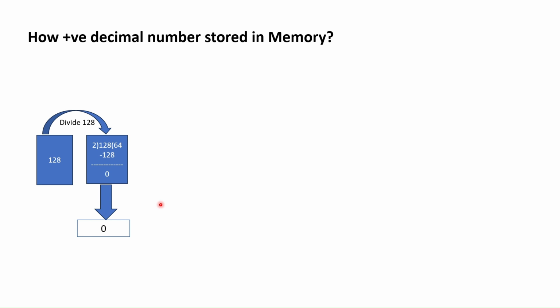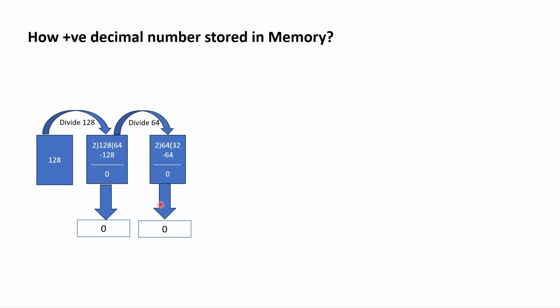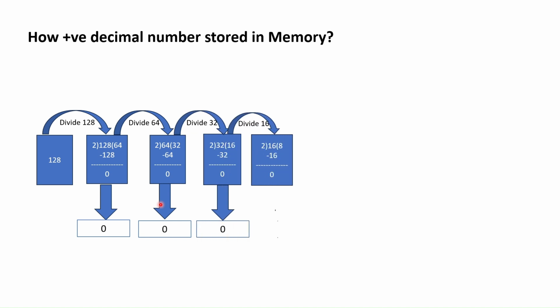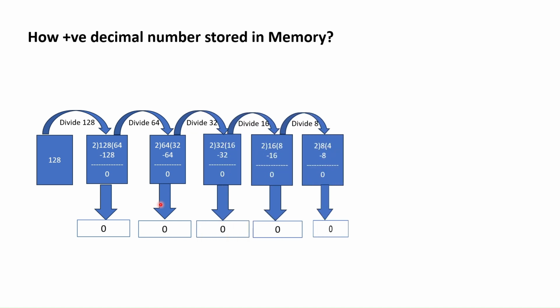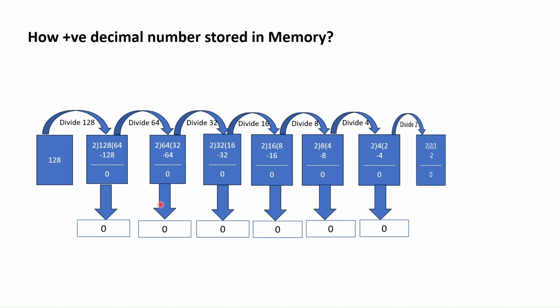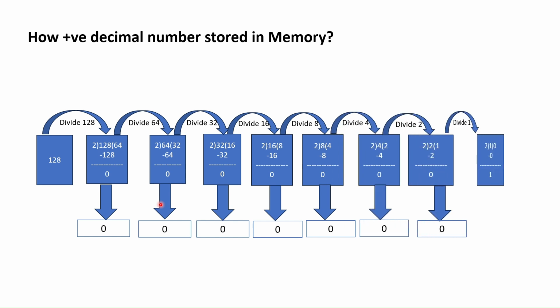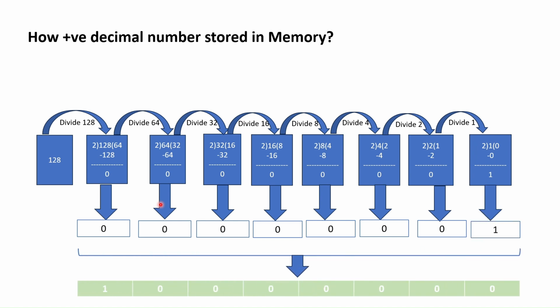That 0 is taken, and the 64 will again be divided by 2. The result will be 32 and remainder 0. Whatever remainder is left is taken, and 32 is again divided by 2, then 16, and so on, until the quotient is 1, which is less than 2. Here it is 1, which is less than 2, so it will stop and take all the remainders.